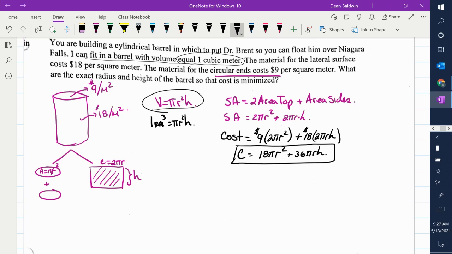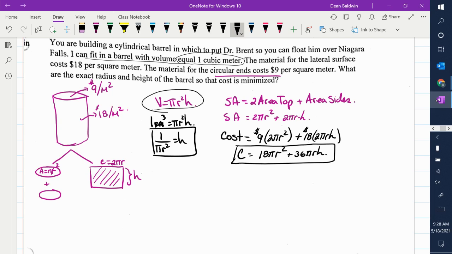Or 1 is equal to pi r squared h. So you need to pick a variable to solve for. Because we're going to use the volume formula to sub out one of the variables here. It doesn't actually matter, but what would be the easiest one to solve for? H, right? Because if I solve for h here, 1, I don't have to square root anything. And 2, there's only one h here, so you only have to make one substitution. You could solve for r, or r squared, and sub it in, but you're going to have to make 2 substitutions. Okay? So if I solve for h, I get 1 over pi r squared equals h.